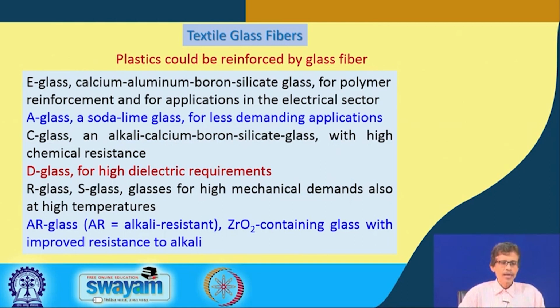Then the other variety we can think of is known as alkali resistant glass, which is known as AR glass. Already we have seen that it can withstand very high temperature if we use zirconium dioxide or zircon. So, zircon containing glass with improved resistance to alkali.